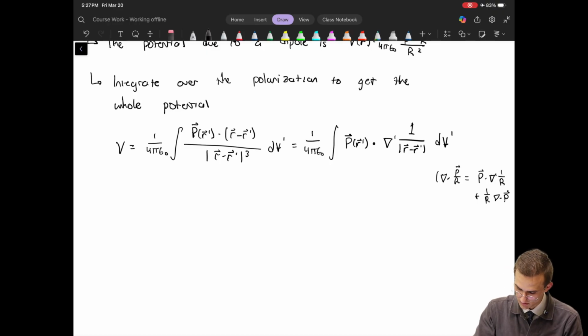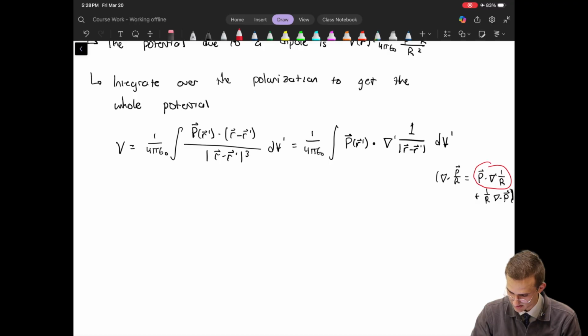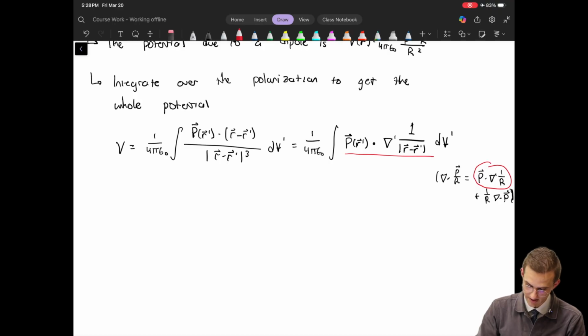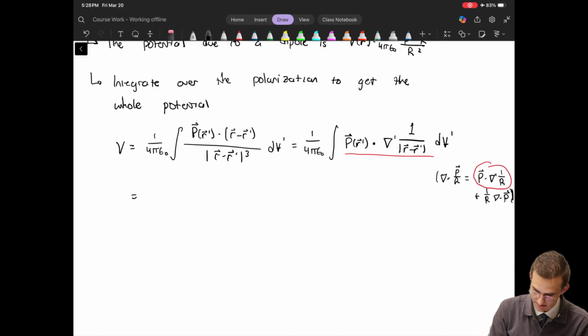Okay, so we can solve for the P dot del prime of 1 over R, which is what we see right here. And we can turn this into two different terms. Again, this is all just mathematical manipulation, so we'll get to the punchline in just a second. When we do that, we get the following.